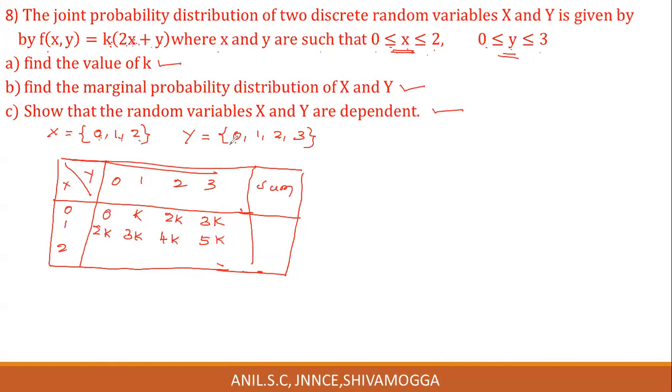X is equal to 2, y is equal to 0. This will be 2 into 2, 4. 4 plus 0 is 4. 4 into k is 4k. Here 5k. Here 6k. Here 7k.